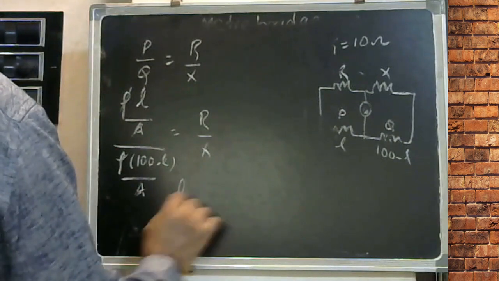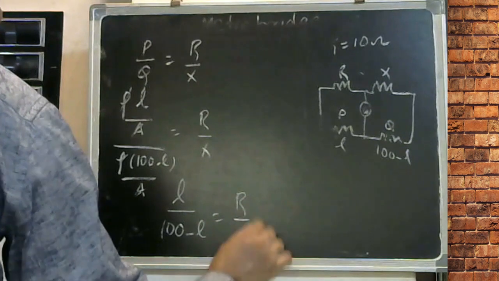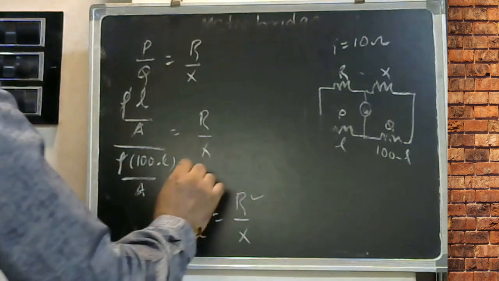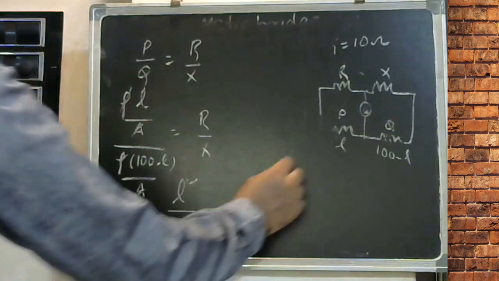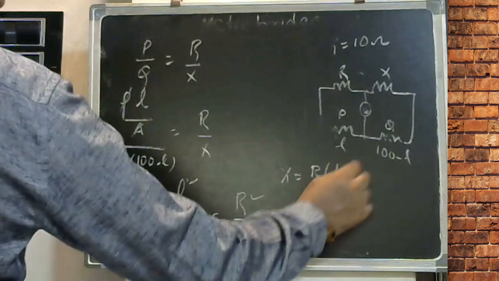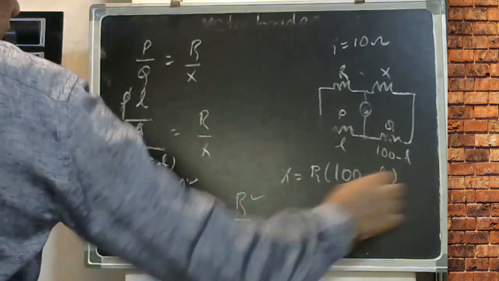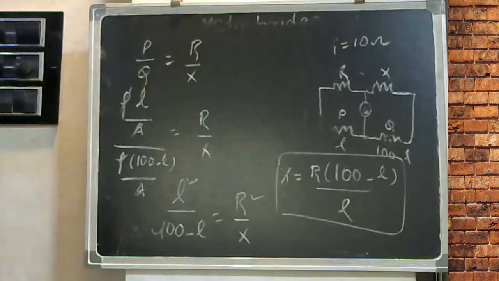So L by 100 minus L equals R by X. I know R, 10 ohms. I know L, which is 30. I know this is 70, so I can find X. X can be calculated as R into 100 minus L by L. So this gives you the unknown resistance which is given to you.